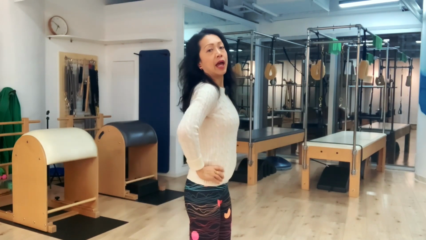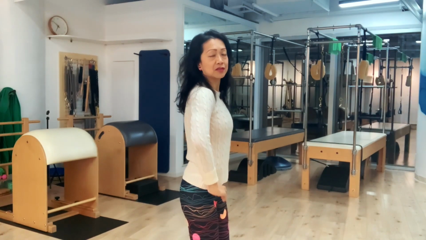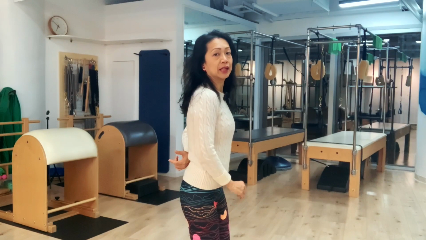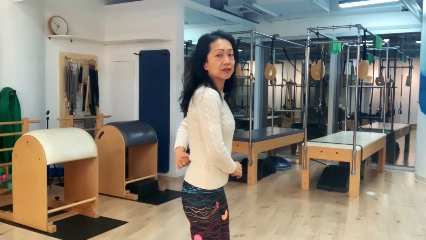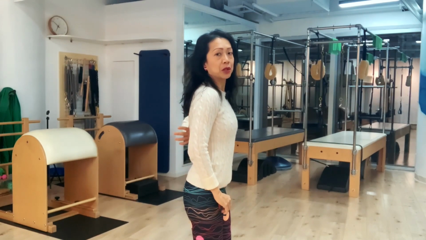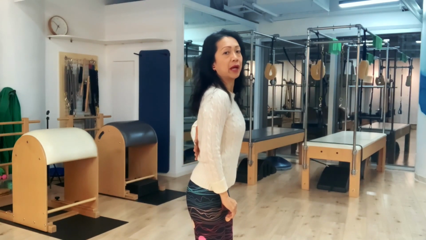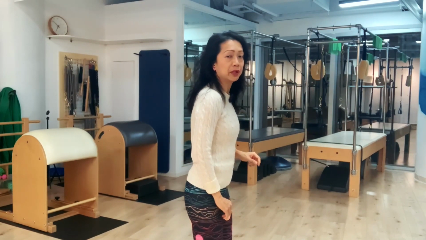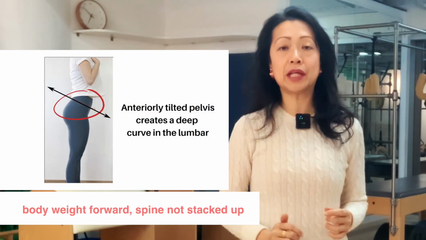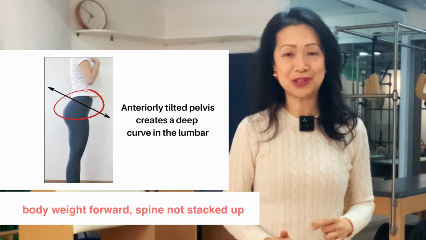In an anterior pelvic tilt, the lordotic curve is too far in, causing not just compression in the lower back, but the kyphotic curve to be less curled out, and our body weight goes forward. That means the spine is not stacked up in the way it should be, which is neutral.